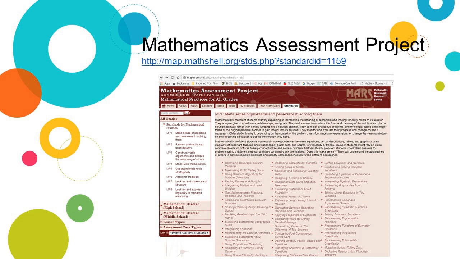You can see on the side menu the standards for mathematical practice. And then you can click on that, and then you will come up with all these different problem sets or tasks that will give you a good lesson that relates to one of these standards for mathematical practice.